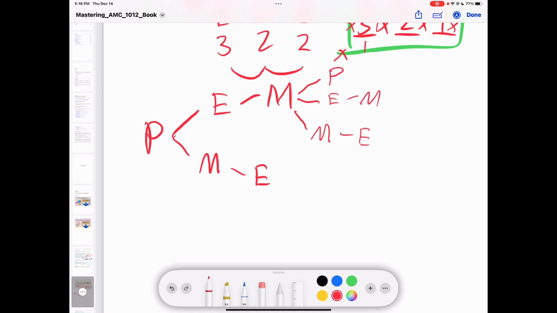So how many is that? Going down this line, you already have 2 M's, 2 E's, P, E, M. So this is 1 P, 1 E, 1 M, and then if M has to be E, oh my bad.